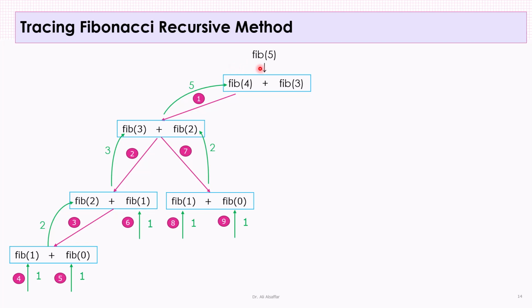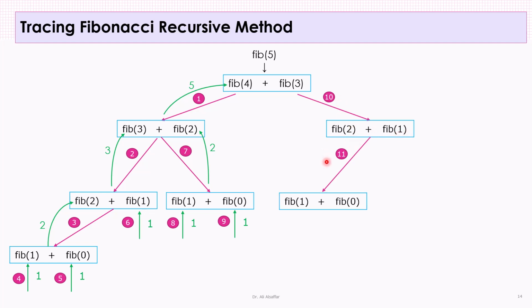Now we need to call the method on input 3. For input 3, first we call the method with input 2 and then with input 1. For input 2, we call the method recursively on input 1 and 0. These two calls are the base cases, so both return 1 as the return value. When we add these two, it is equal to 2.